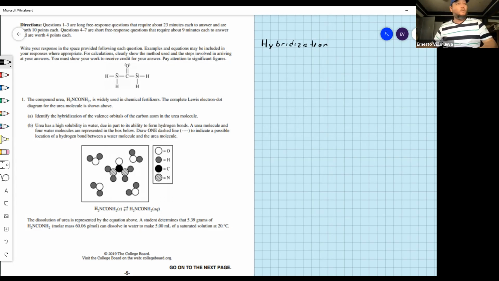Okay, so what is hybridization? Let's take a look at carbon. So if we take a look at carbon and we do the electron configuration. You guys all remember how to do electron configuration, right? So go ahead and write the electron configuration for carbon.